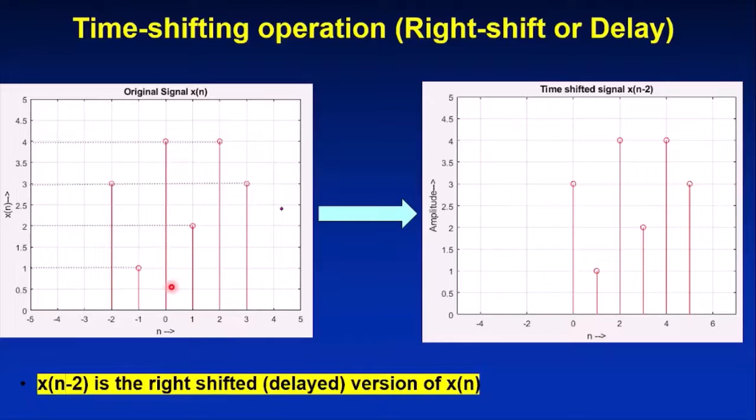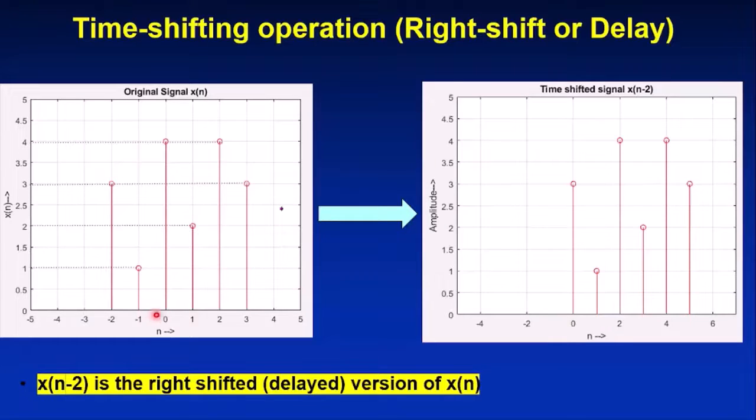What exactly you are doing is just shifting your origin to the left. That means when your entire signal goes to the right, ultimately you are moving your number line. The number line is this x-axis, so you are shifting your time origin to the left by 2 samples.